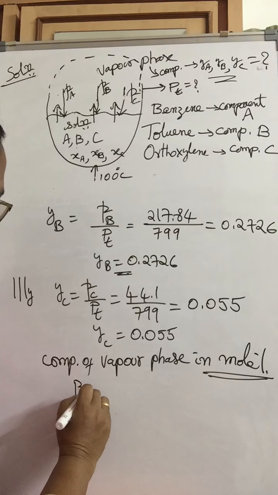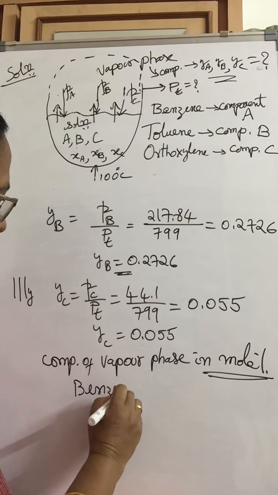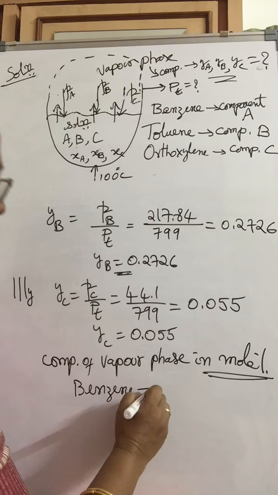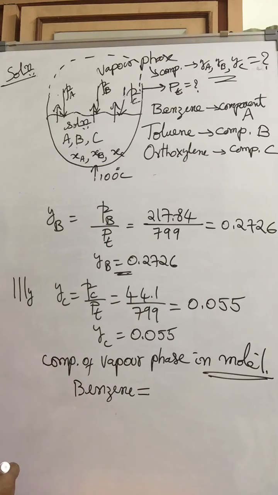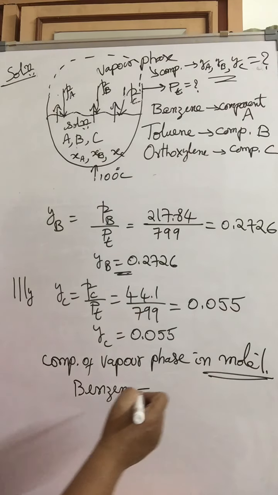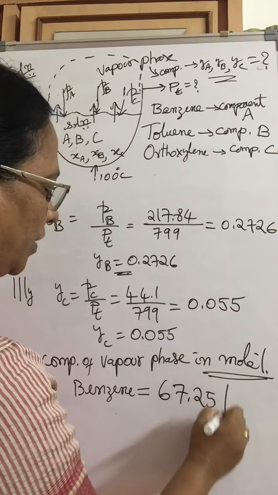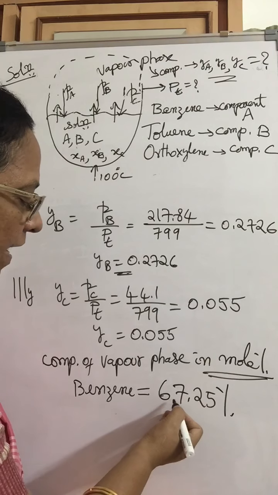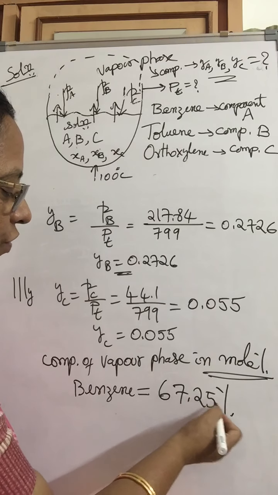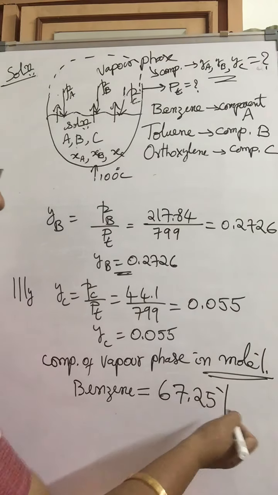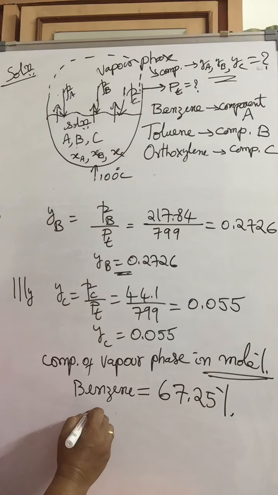Because it is the final answer, we shall write the names. Benzene: YA we already calculated as 0.6725, so multiplied by 100 you will get 67.25.